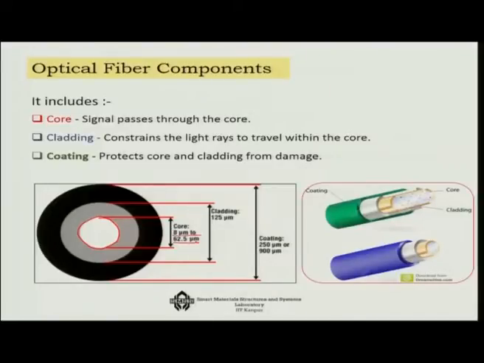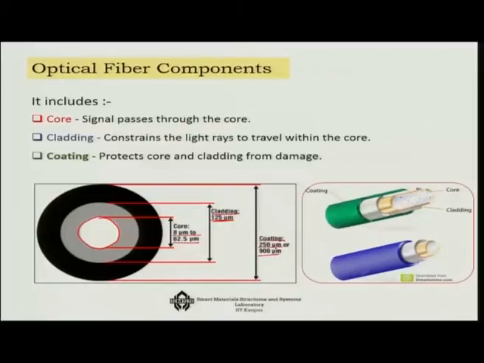Then on top of the core there is the cladding, which is about 125 micrometer, and on top of the cladding there is a coating which is 250 micrometer to 900 micrometer. So it is a three-layered structure: core, cladding and coating.